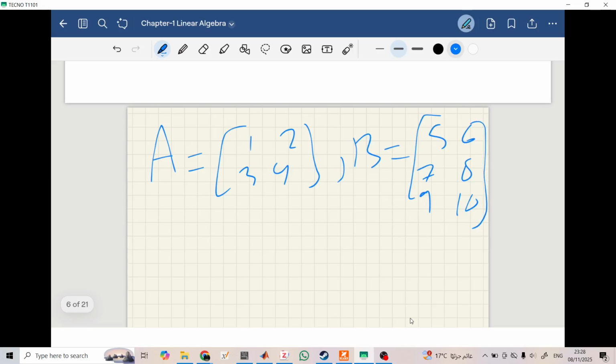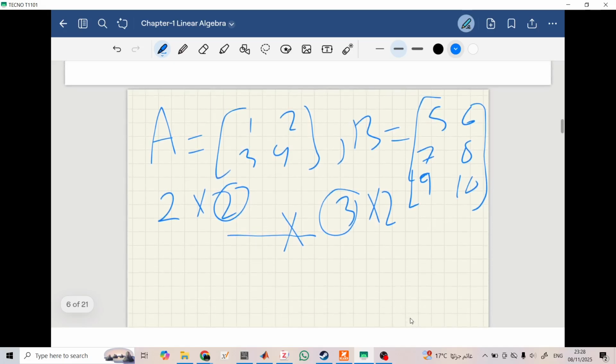Are they compatible? A is 2 by 2, which is a square matrix. B is 3 by 2. Can we multiply them? No, right? Because 2 does not equal 3.